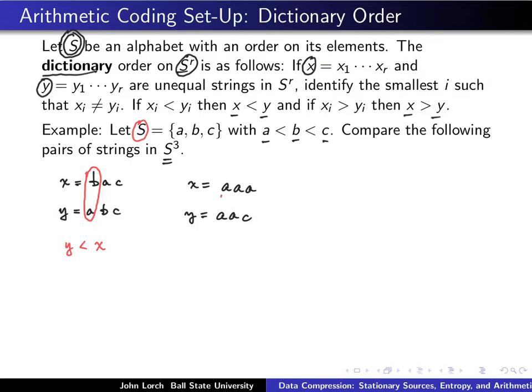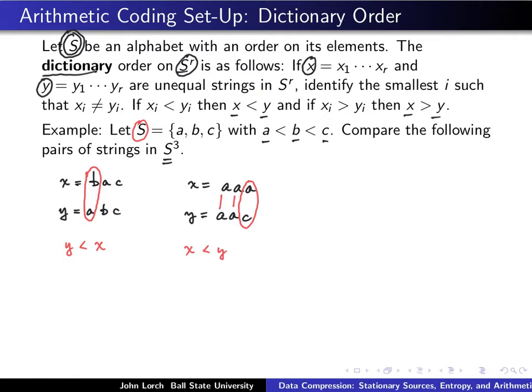So they're the same here, they're the same here, and then they finally differ here. Once I've found the first place they differ, I compare the individual letters in the alphabet, A and C, and I know that A is less than C according to my order on S. And so that tells me that X is less than Y.